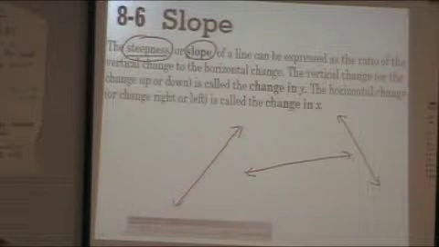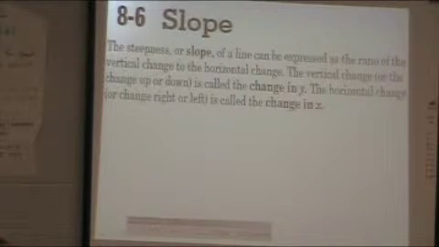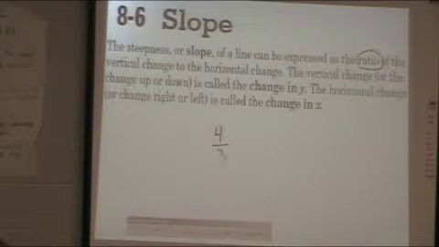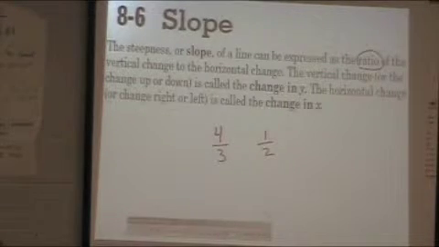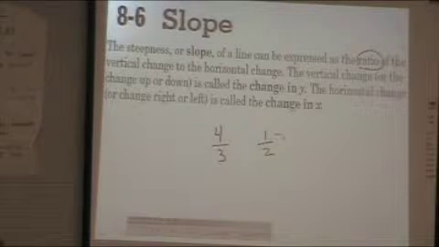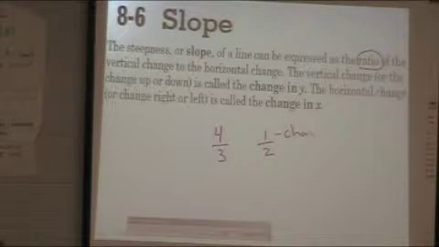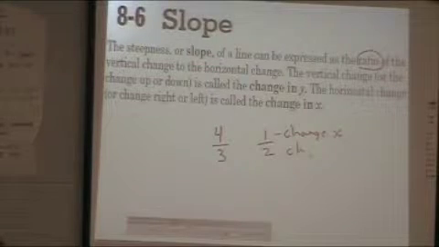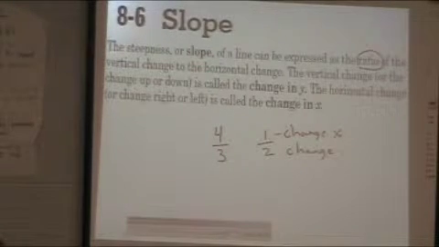Okay? Now, slope is always described as a ratio. A ratio is just a fraction. So 4/3, that could be a slope. Okay? 1/2, that could be a slope. Now the top number is the change in y, and the bottom number is the change in x.